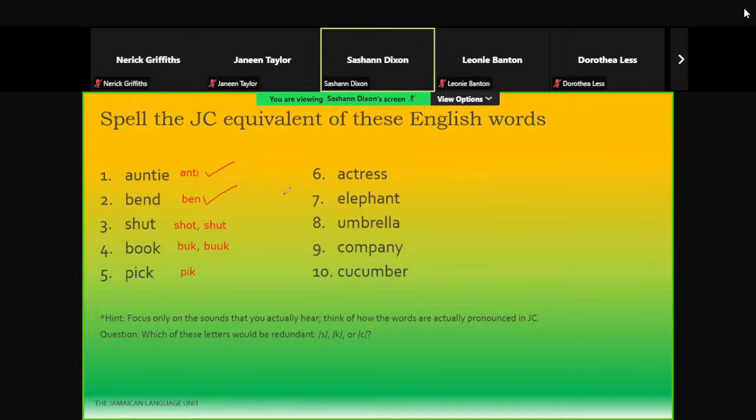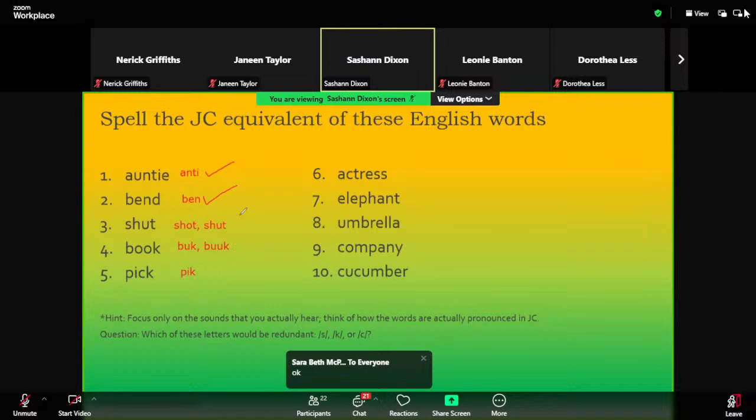You might hear that. But shut is also an acceptable pronunciation for shirt in Jamaican. So yes, it's the same sound for both words. Whether you're saying, I'm going to put on my shirt, or shut the door, same pronunciation.